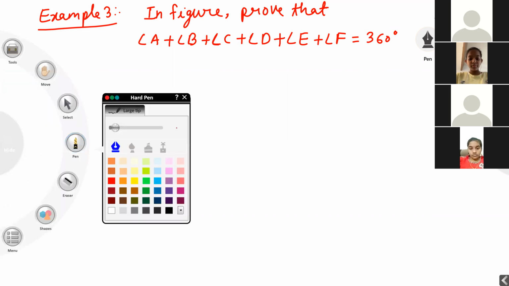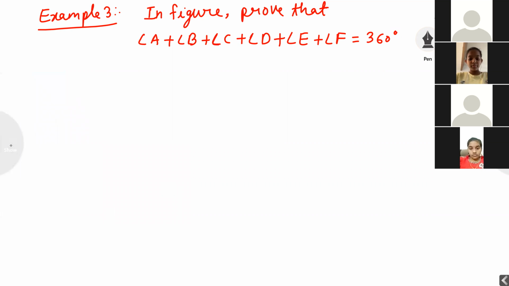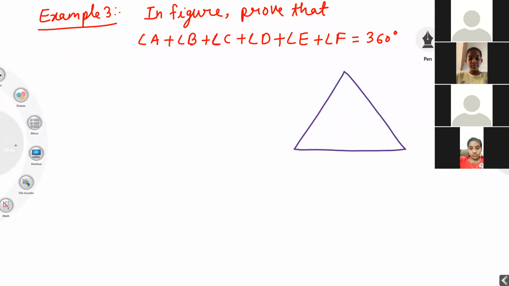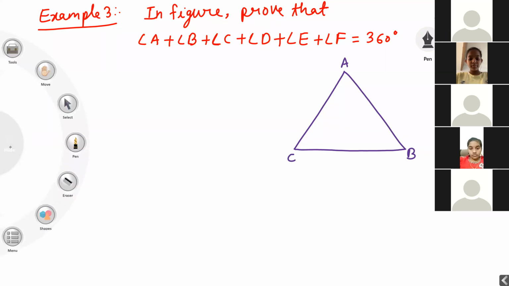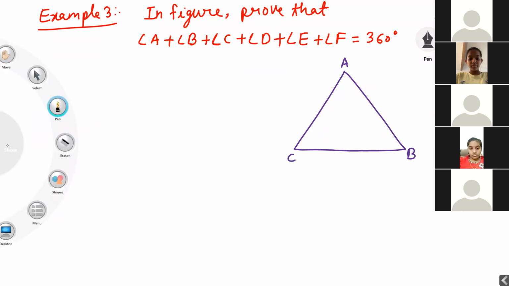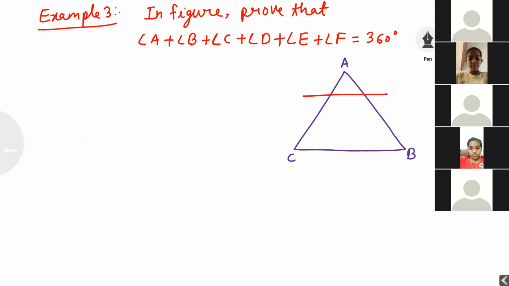What is figure here? Check the figure everyone. This is the figure.